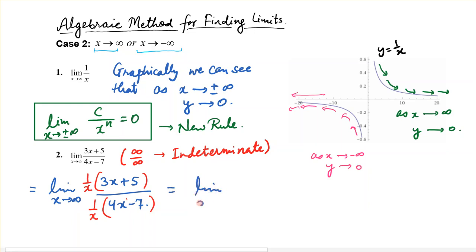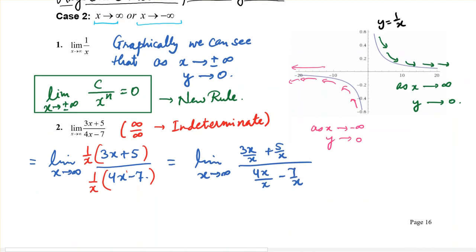What we are doing here is 3x over x plus 5 over x, and in the denominator we are doing 4x over x minus 7 over x. We notice that x and x cancel, so we are left with the limit as x approaches infinity of 3 plus 5 over x, over 4 minus 7 over x.